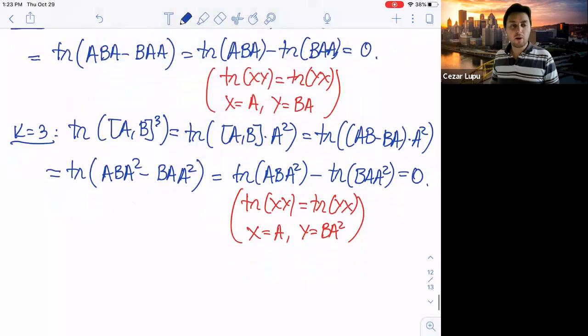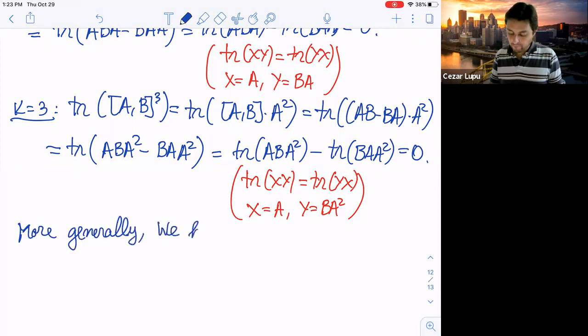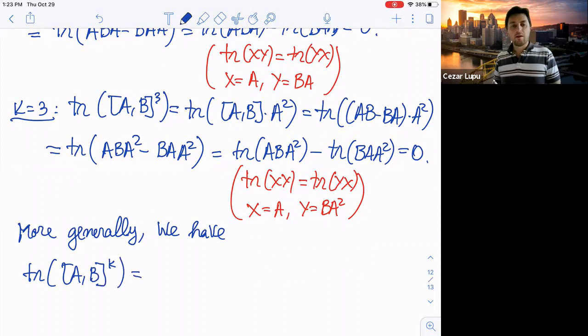And now you can keep going. So more generally, I just showed you how it works for k small. But now more generally, we have the trace of the bracket AB to the power k. And I'm going to do the same trick now.